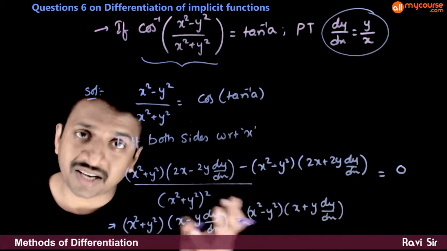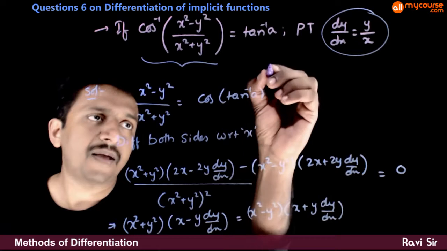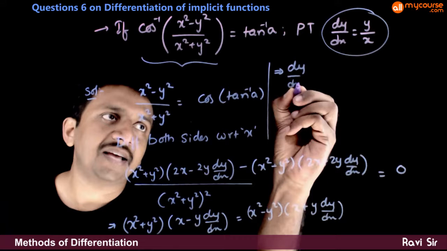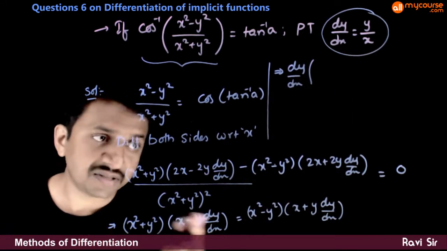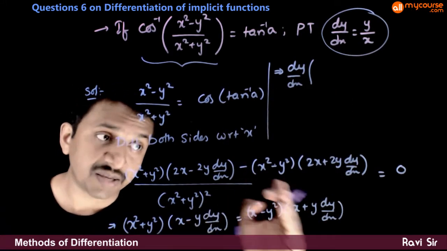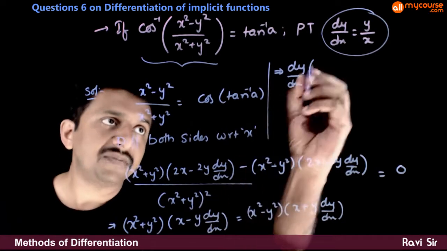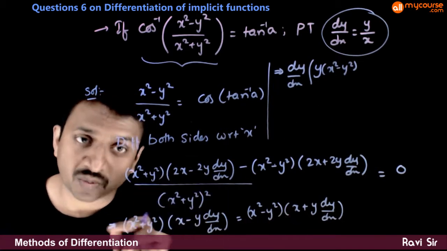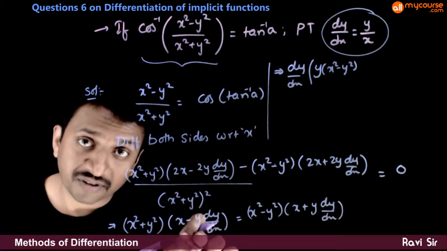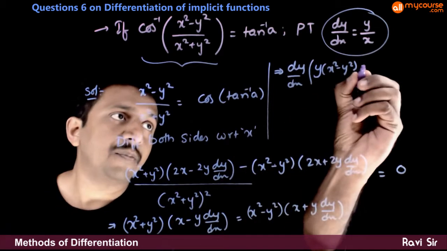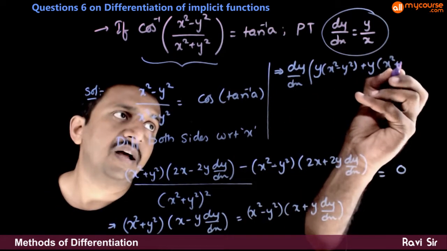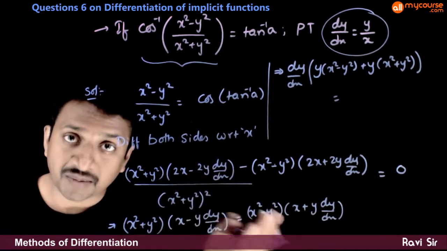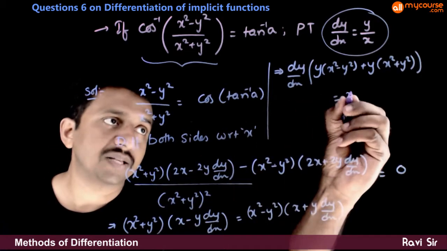Let us take all the terms containing dy by dx onto one side. So dy by dx times y times (x square minus y square), and if this term goes onto that side, you get plus y times (x square plus y square) is equal to, now all the remaining terms onto this side, x times (x square plus y square).